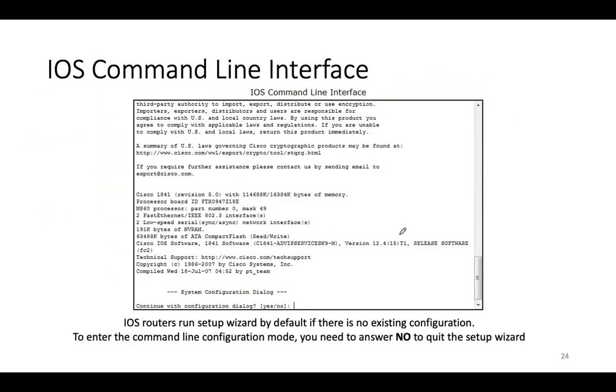In Packet Tracer or in the normal configuration, when you reboot or boot up the device, you will come up with something like this. It ends with 'Continue with configuration dialog? Yes or no?' Say no, because if you say yes, it's going to take you step by step through a long configuration. So you need to answer no.